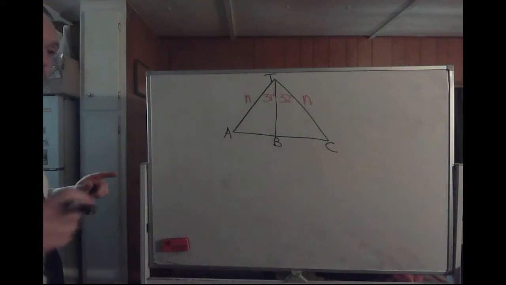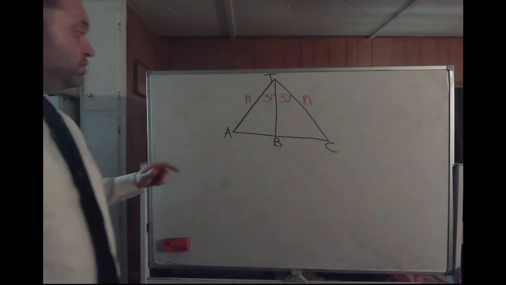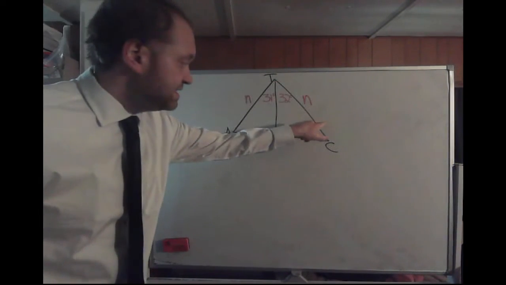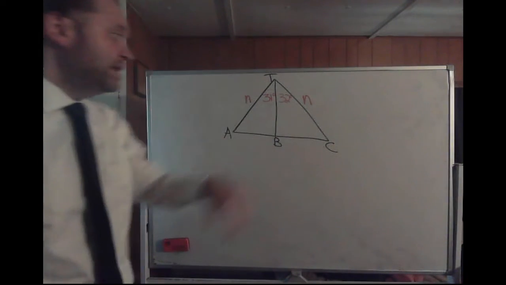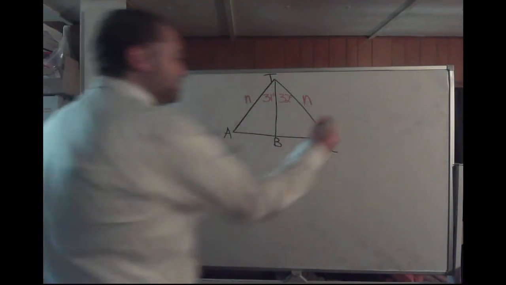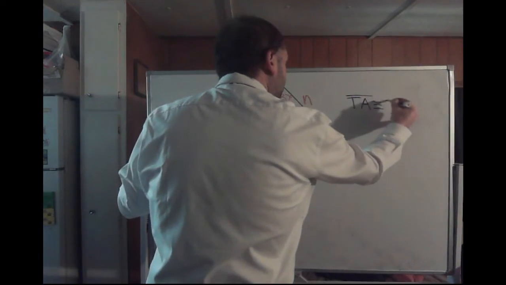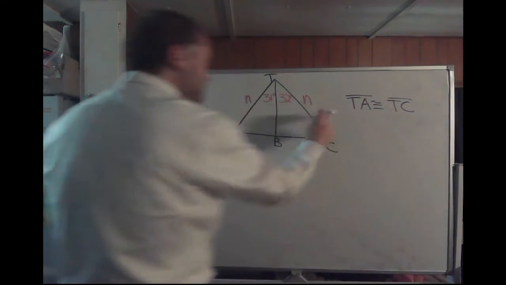What do we know? We know that both sides TA and TC have a length of n, therefore making them congruent. So let's state that TA is congruent to TC. We have that much.